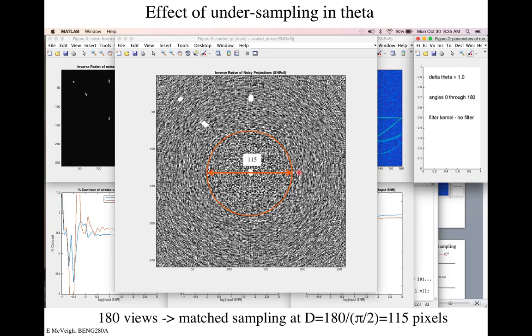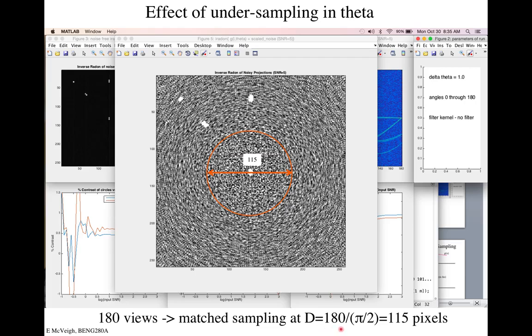And it turns out, and we'll derive this, that once you know the number of views, you can determine the diameter inside which you're adequately sampled to not have aliasing, and outside that diameter you'll have artifacts in the picture, okay?